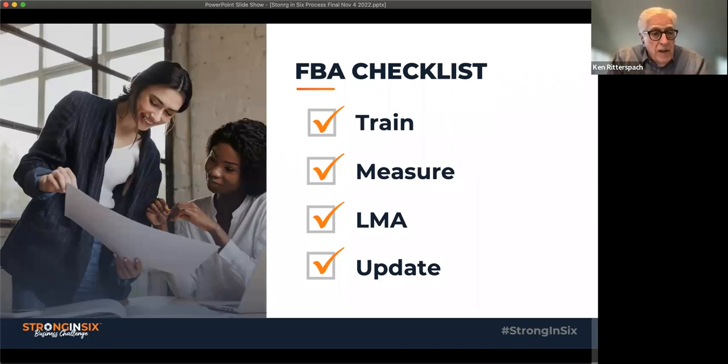In EOS, we say everybody has to have a number. In my experience, that number may be shared by a team down in the organization, right? It doesn't have to be unique to you. So, to the question of how do you set measurables when it's not clear and distinct? No easy answer.